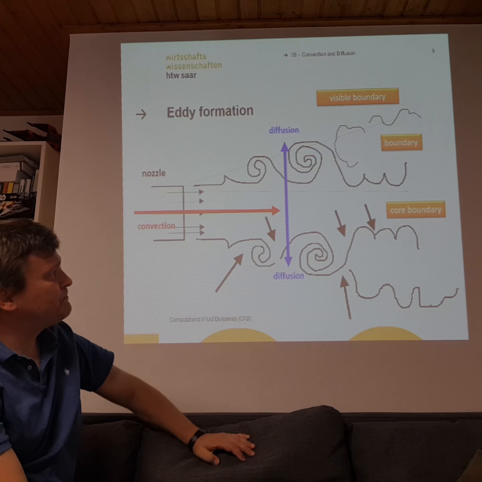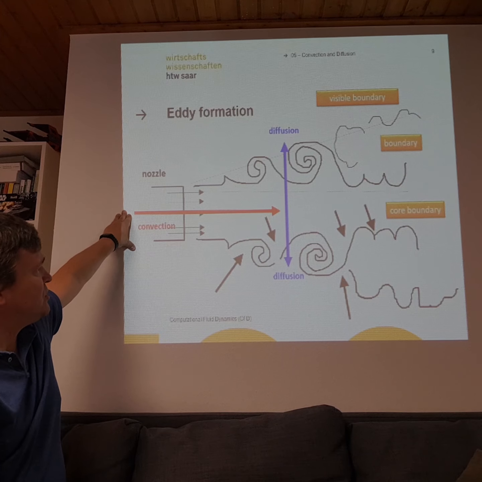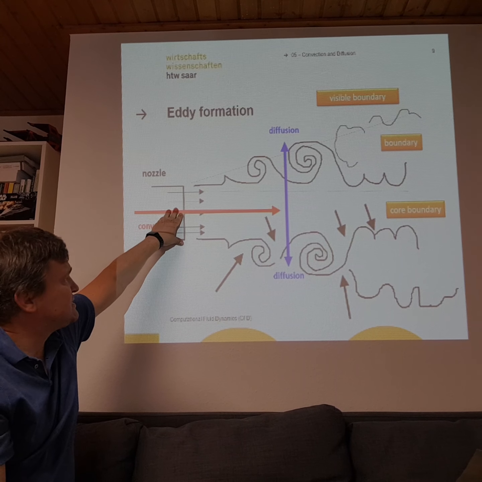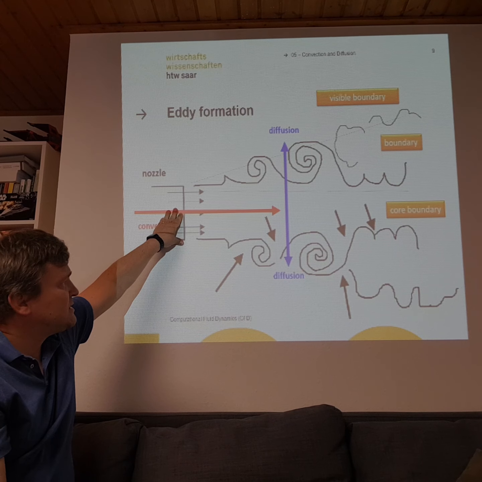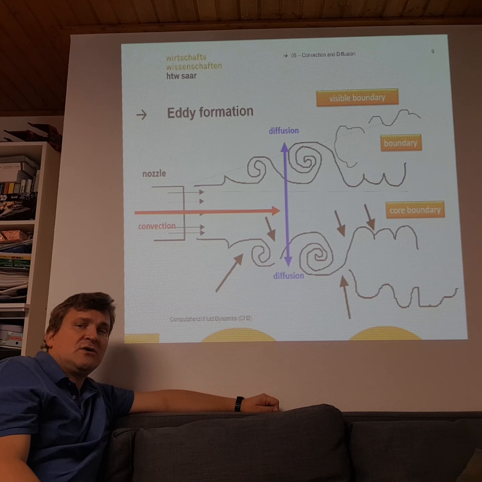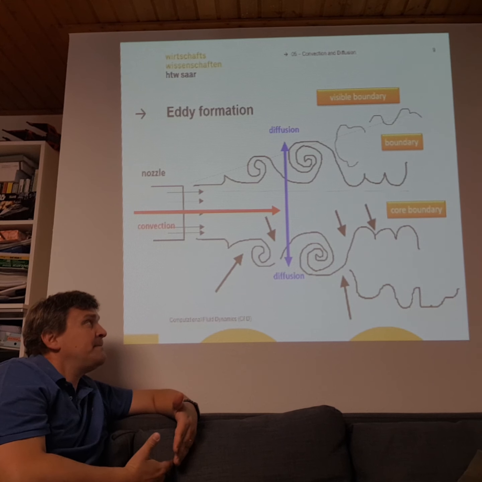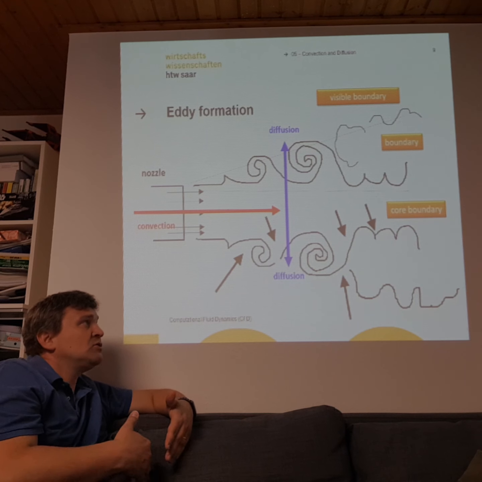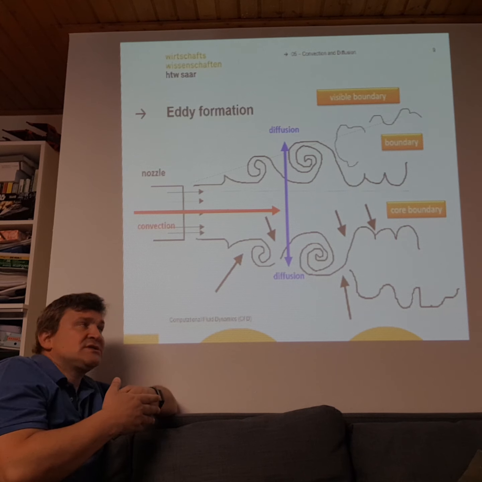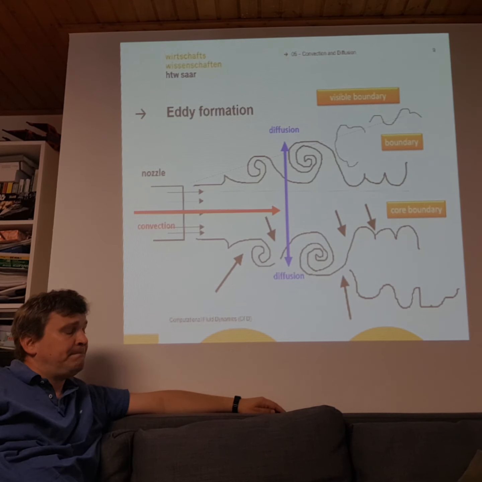So if we maybe have a velocity of 10 meters per second here at the nozzle exit, this component of the velocity will be lower and lower after some time, but there will also occur a velocity in this diffusive direction here.